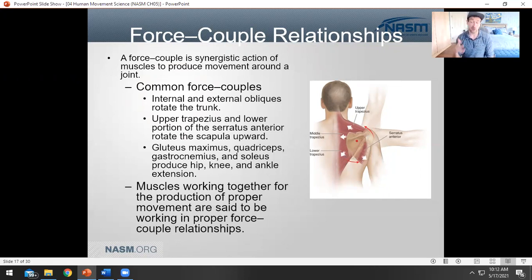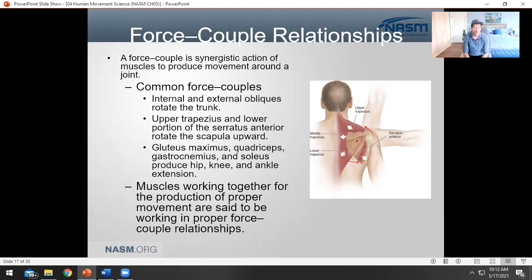So we want to train our clients to activate their force couples. This is why you're telling your clients to tighten their core while they're doing certain movements, why you're telling them to keep their shoulders in a specific range of motion, right? Now, does me rounding my shoulders back like this before doing lateral raises necessarily matter for the muscle that I'm using at the shoulder joint?